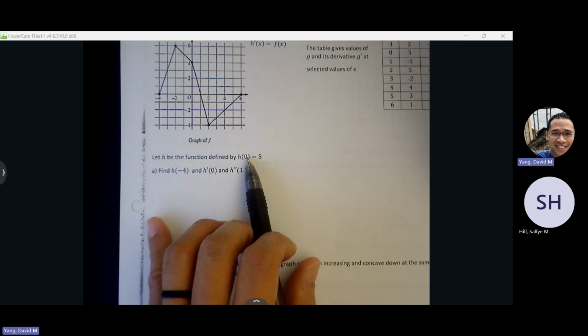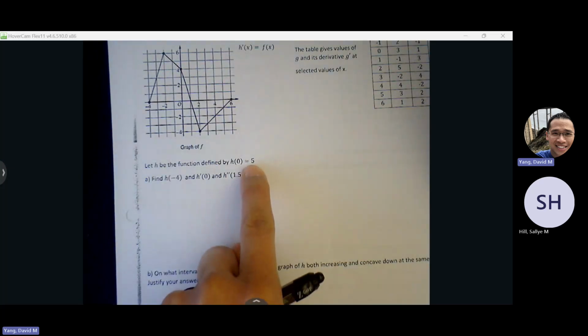Part A says find h of -4. And h of -4 is going to have to involve the displacements as well as our starting point.